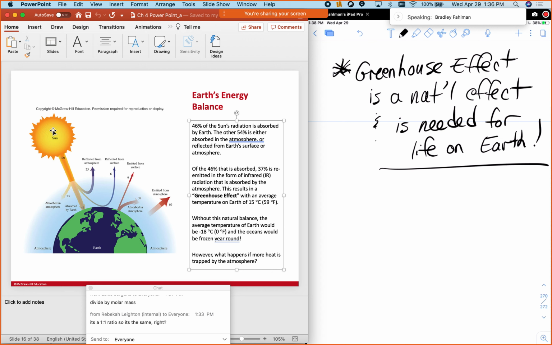The sun hits the Earth's surface, and then this natural atmosphere blocks some of the heat from escaping. It's really infrared that we're talking about in this chapter. The previous chapter was UV. Now we're talking about heat, or infrared radiation, so less energetic radiation.